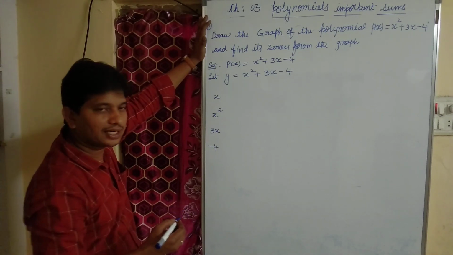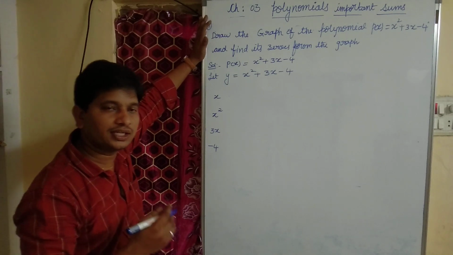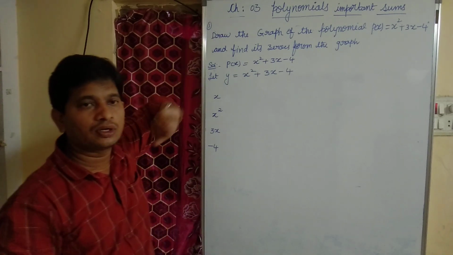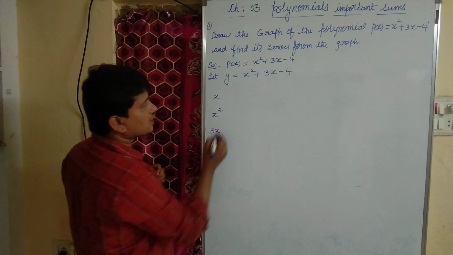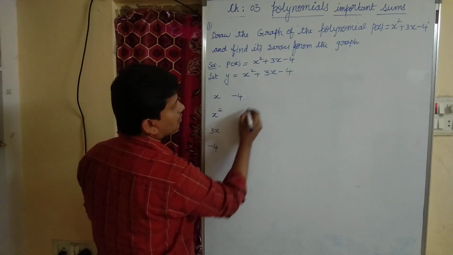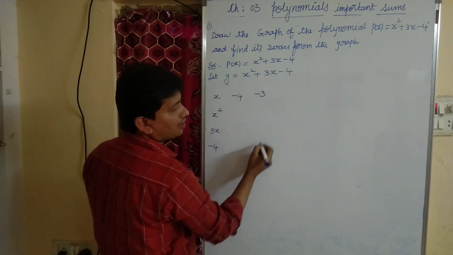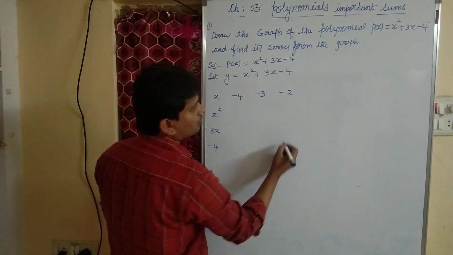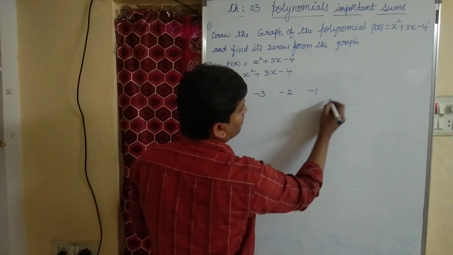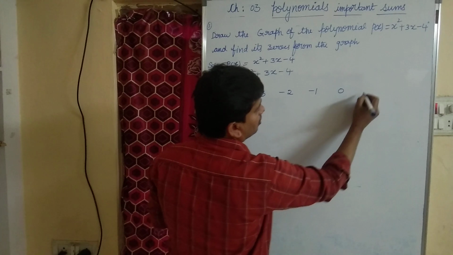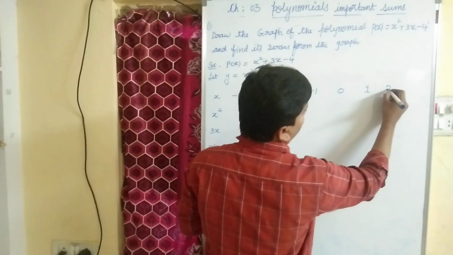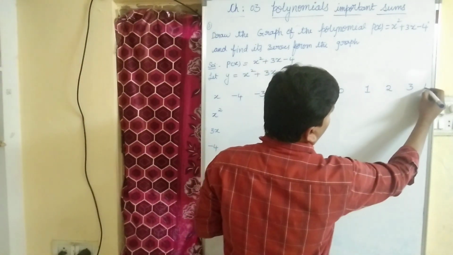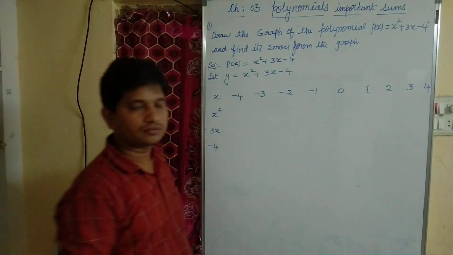Now, let us consider for each and every polynomial the values of x as minus 4, minus 3, minus 2, minus 1, 0, 1, 2, 3 and then 4.